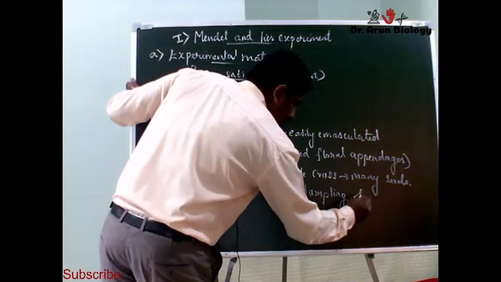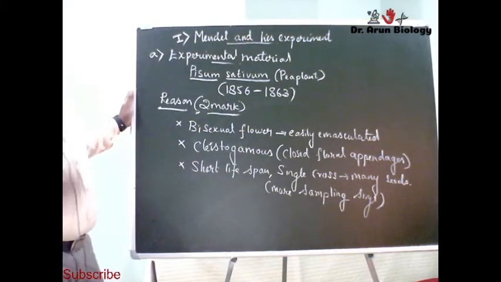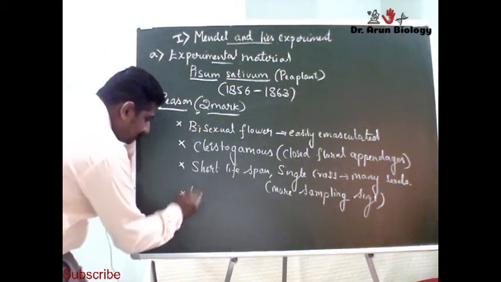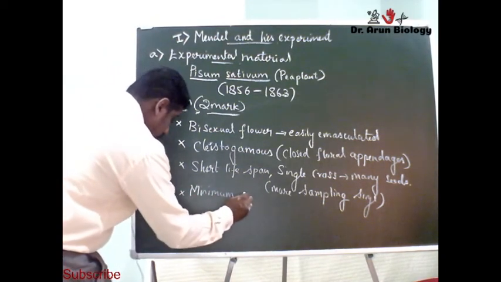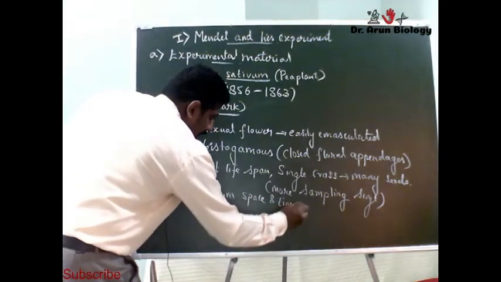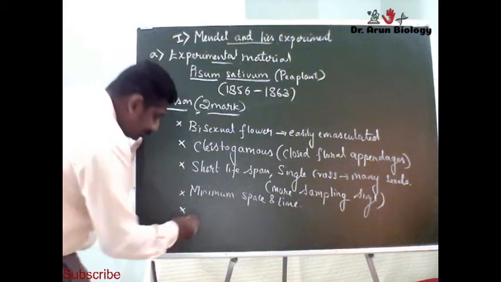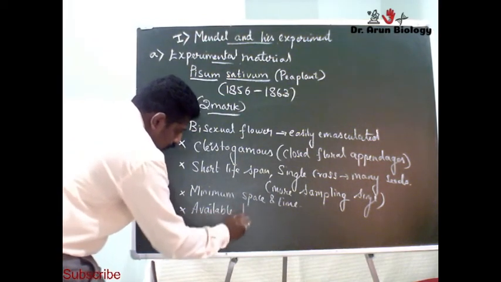So more sampling size. Okay, what is another reason for choosing this plant? It requires only minimum space and time, and look at the availability, it is available throughout the season.